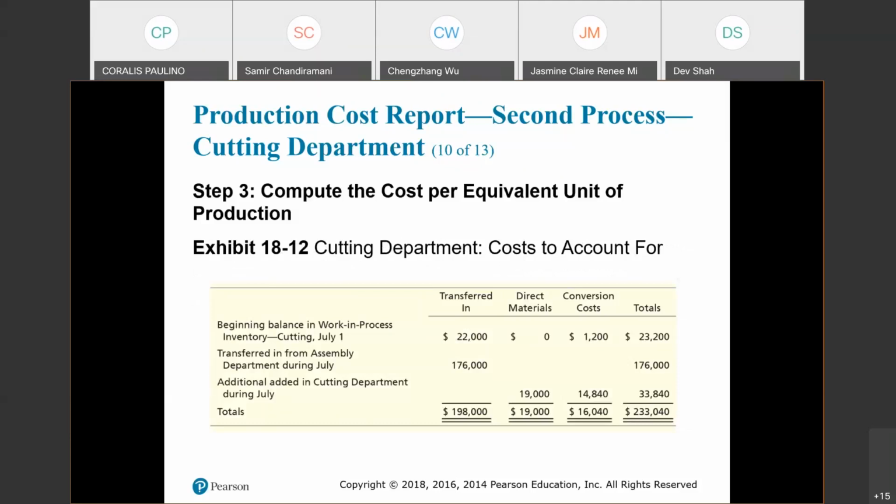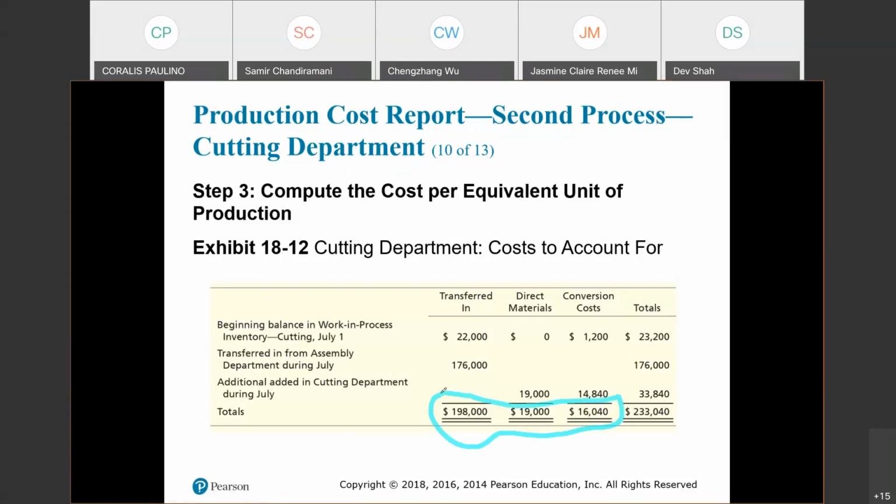So in terms of transferred in, direct materials, and conversion costs, the total costs are listed here.